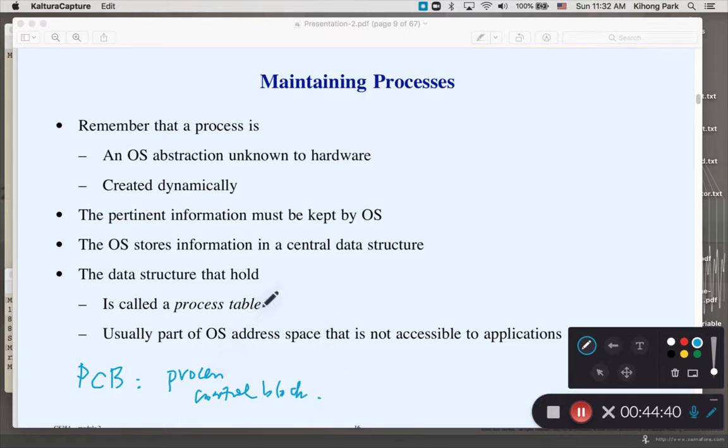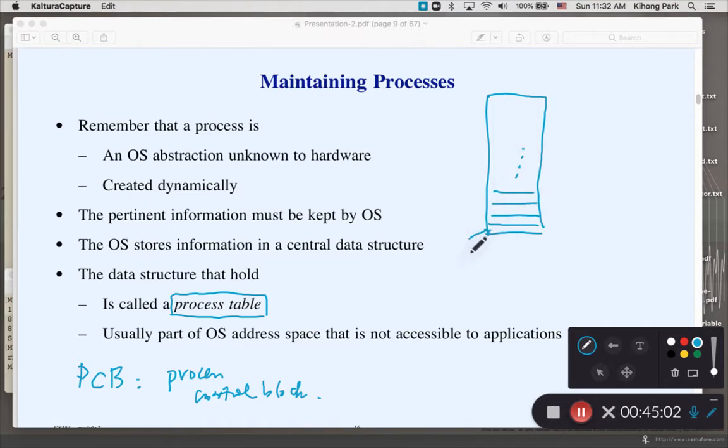For us, this is the simple and straightforward way to relate it to what we are emphasizing, which is this process table. So this process table is a kernel table, a kernel data structure comprised of rows, one for each process that's created here.